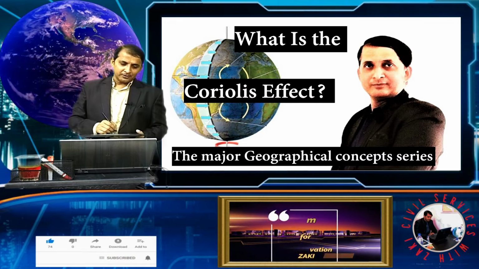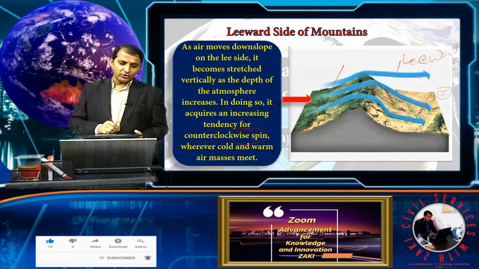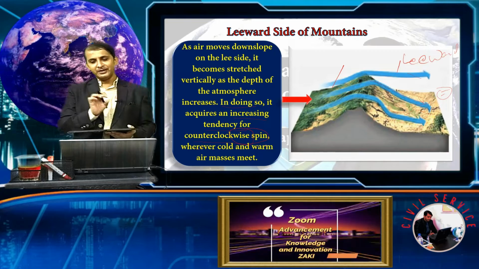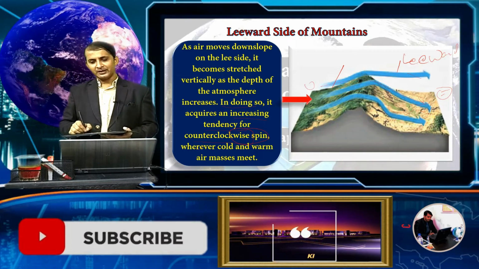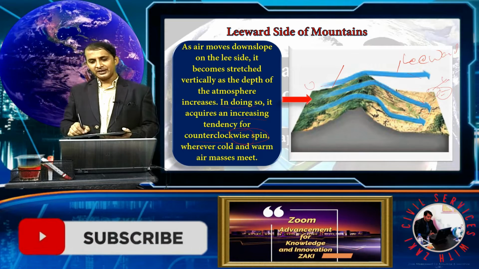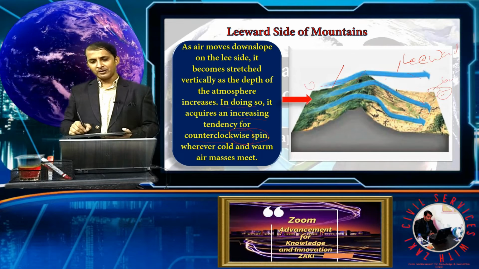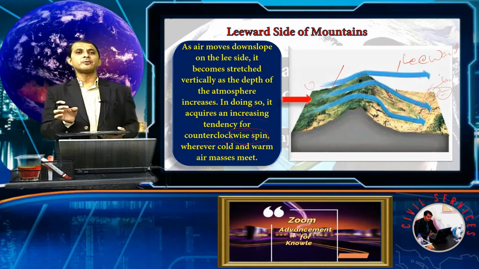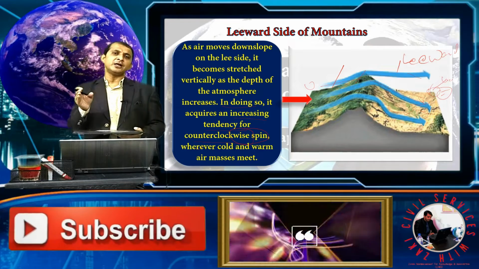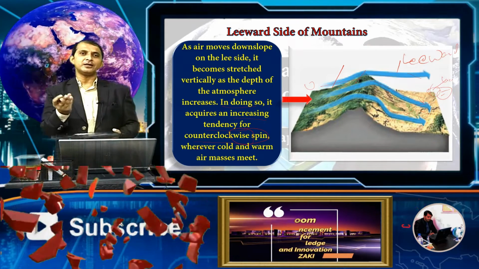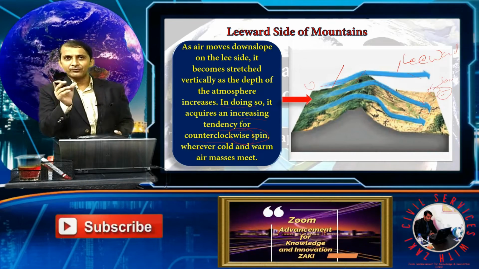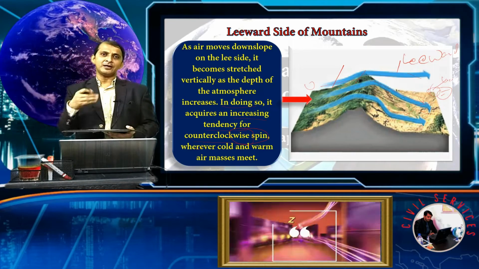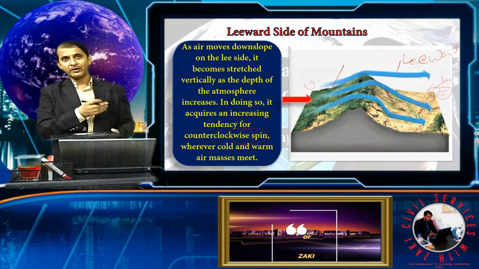Whenever cold and warm air masses meet, where it is more humid, with cold on one side and warm on the other, and cold and warm fronts meet, these mid-latitude cyclones form through the process of these fronts meeting, like the occluded front and all that.